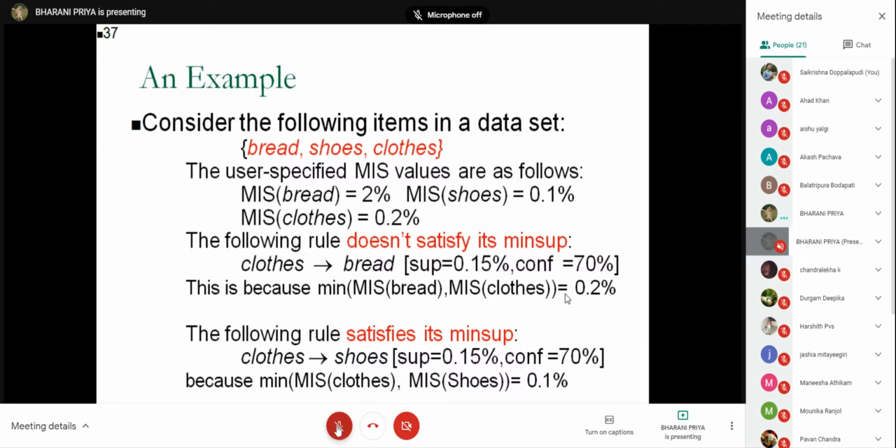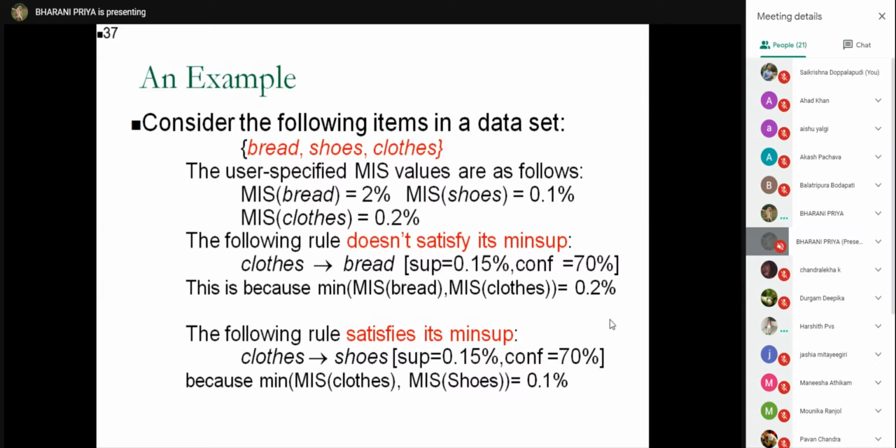Okay. Any other doubts? Ma'am, are we generating rules here, or just checking if the given rule satisfies minimum support?